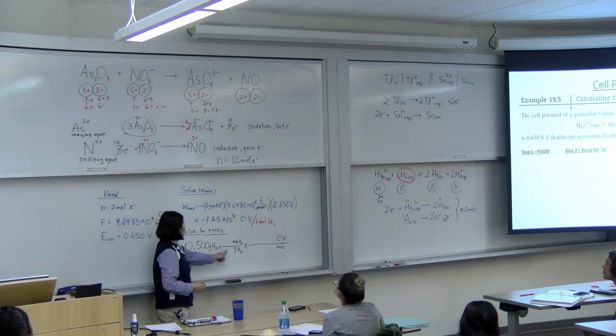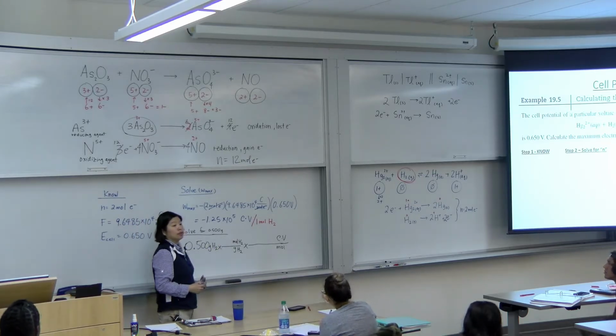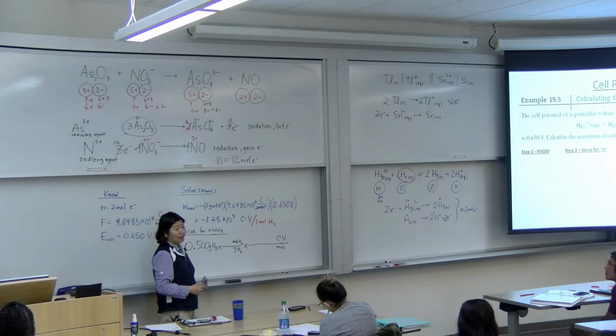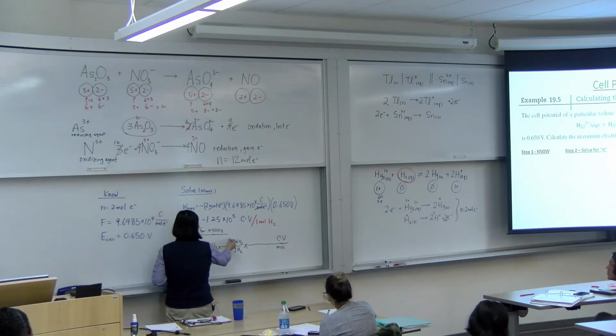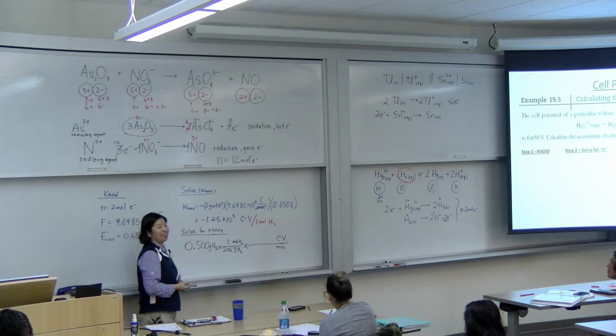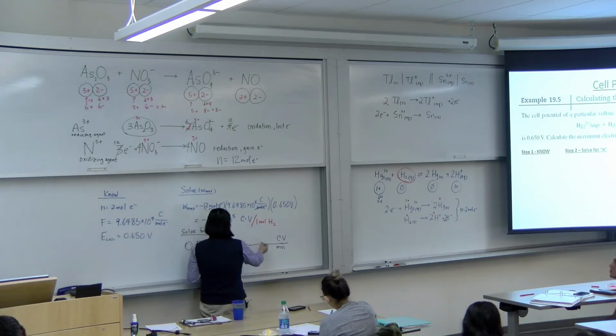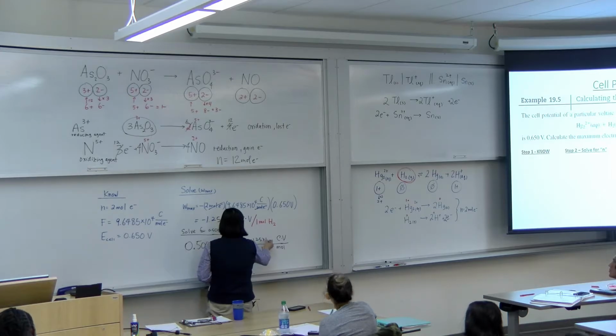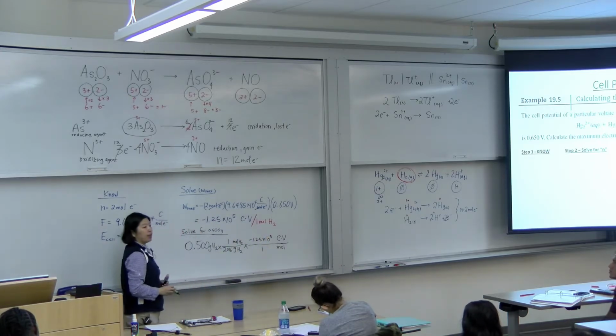How do I go from grams to moles? Hopefully you all know this. Periodic table. What should I write here? 2.016 if we want it to be very exact. Right? And here it's 1 to negative 1.25 times 10 to the fifth. This is just our conversion factor from up above. Okay?